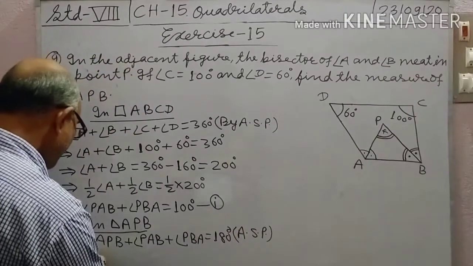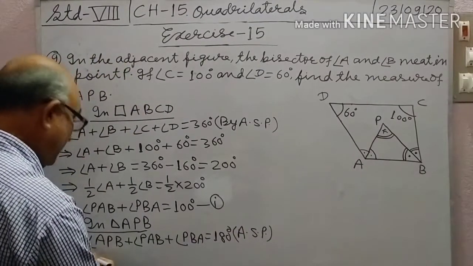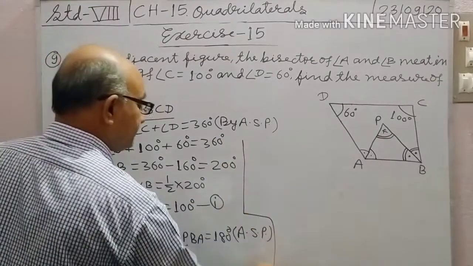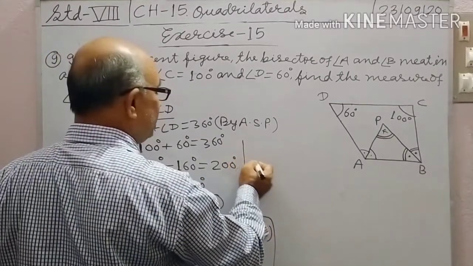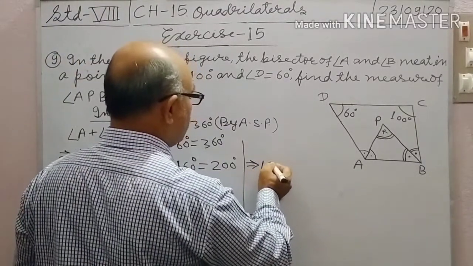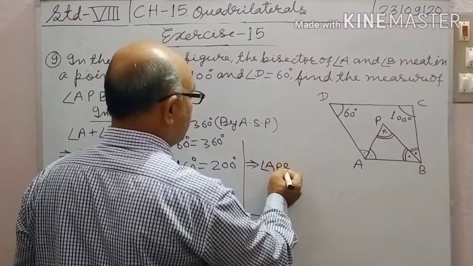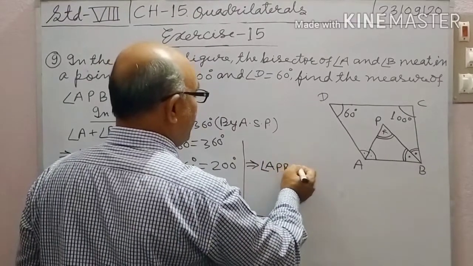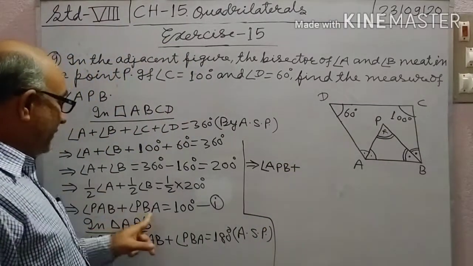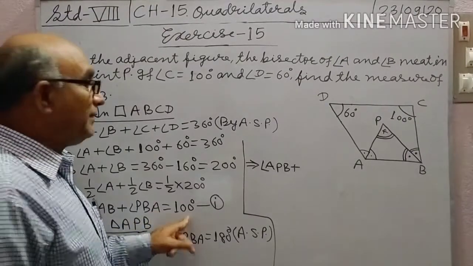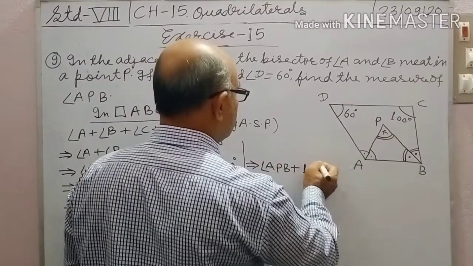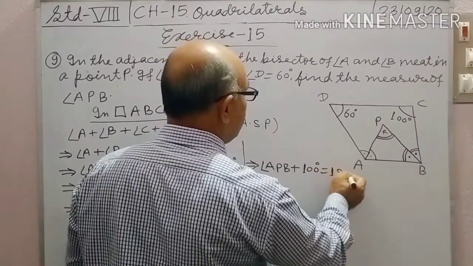That implies angle APB plus angle PAB plus angle PBA, where angle PAB plus angle PBA equal to 100 degree from equation 1, equal to 180 degree.